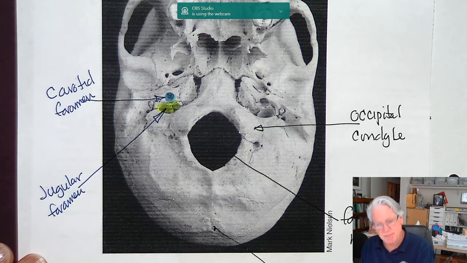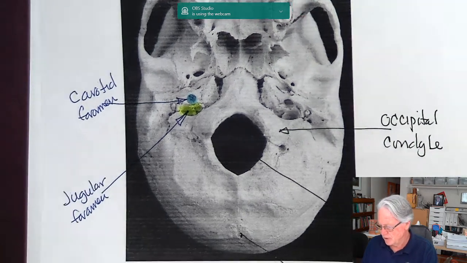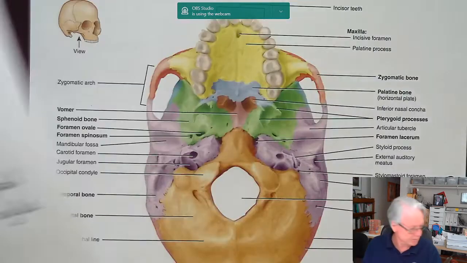This is page 8, by the way. And I don't really have a good view from this angle of the external auditory meatus, so we're going to turn to a different image for that. Okay, so the carotid and jugular foramen.